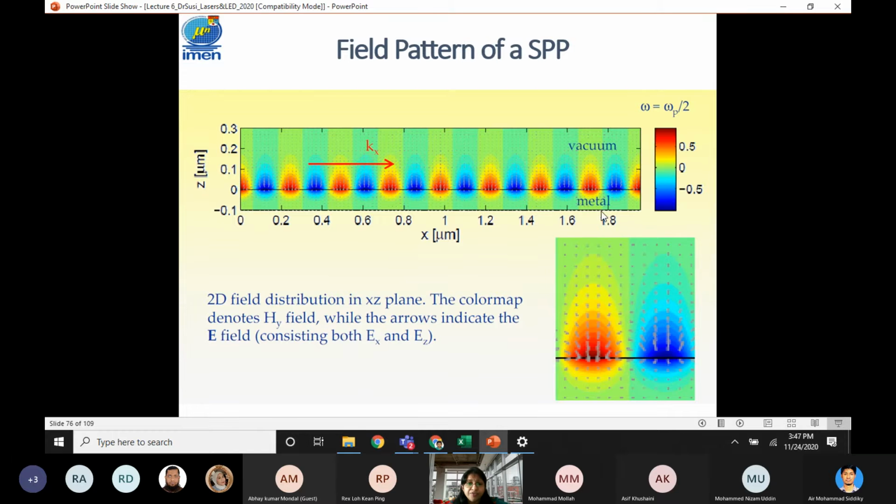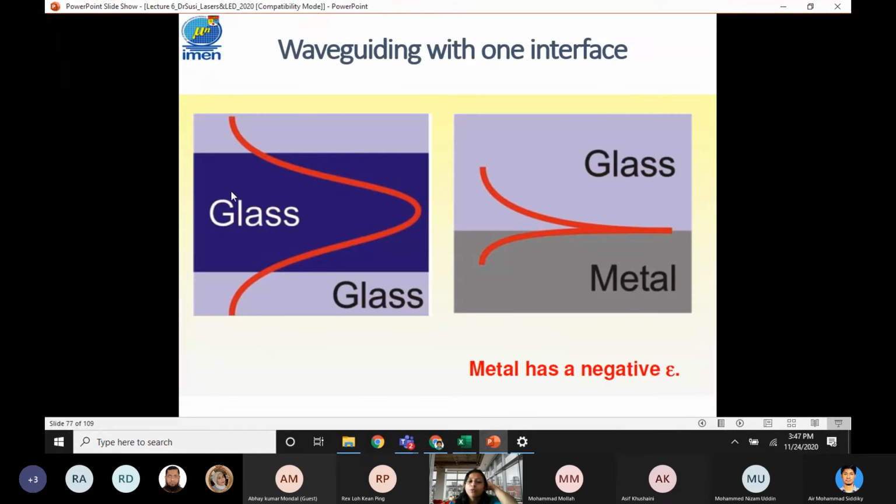So the field pattern of SPP, this is given in a 2D field distribution in X and Z. It denotes the magnetic field and also the electric field. Okay, this is the simulated work. And basically, when you have light propagating through glass, it just propagates through it, right?